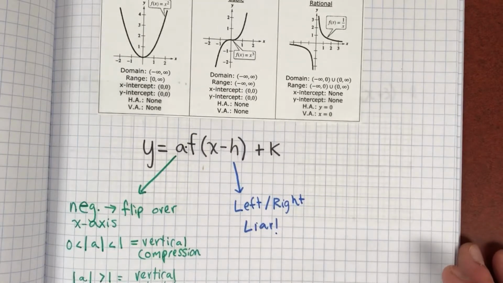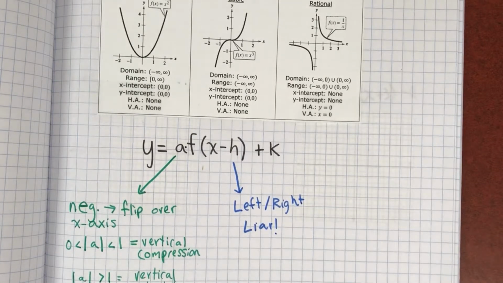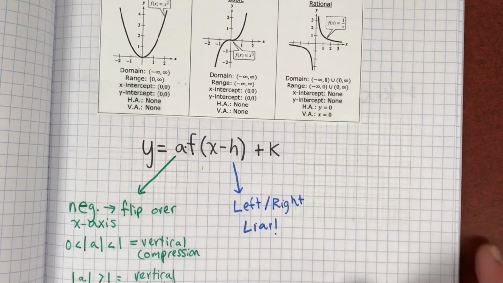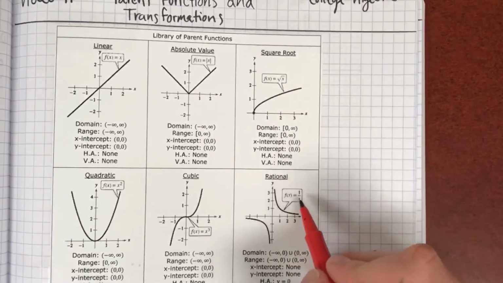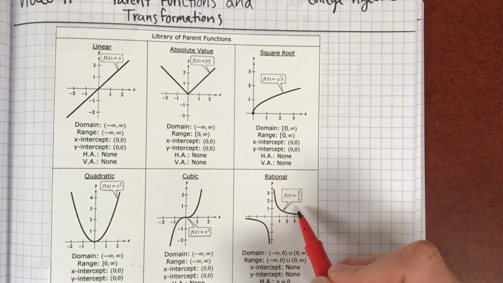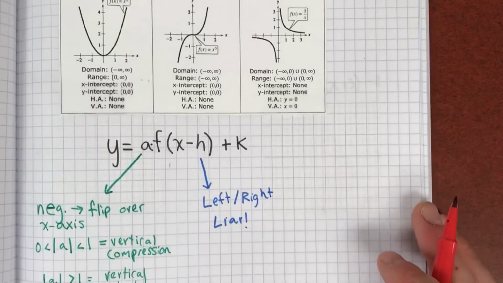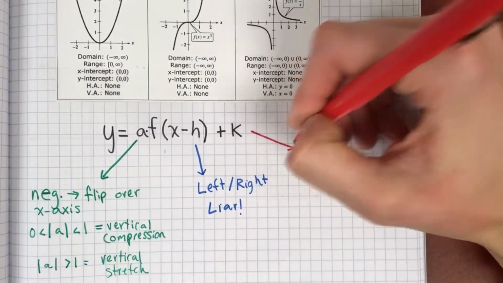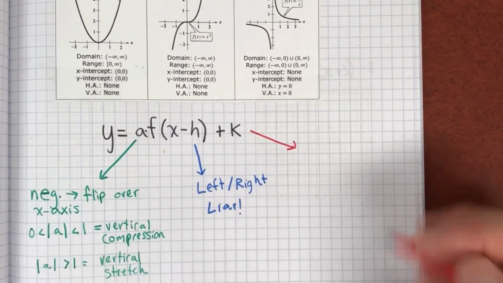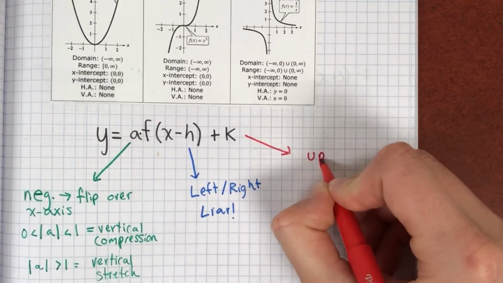If it says +4, I'm going to move in the negative direction for 4. So if it's in those parentheses, it's a liar. Also, if it's under our square root or in the denominator of a rational function, that would make it that left or right shift.